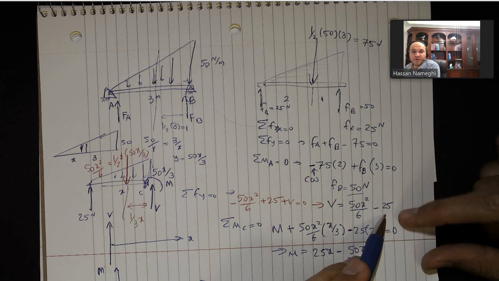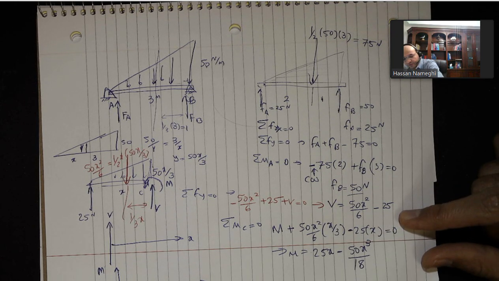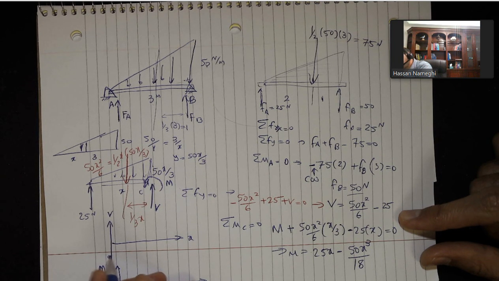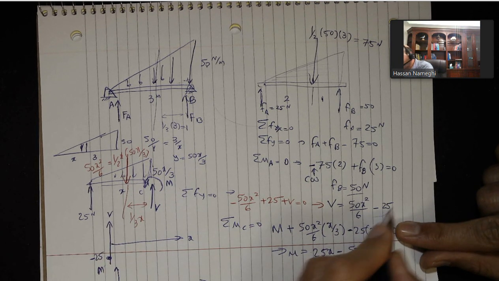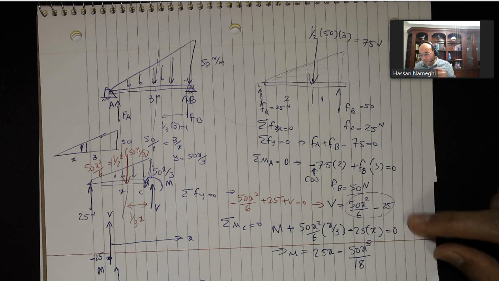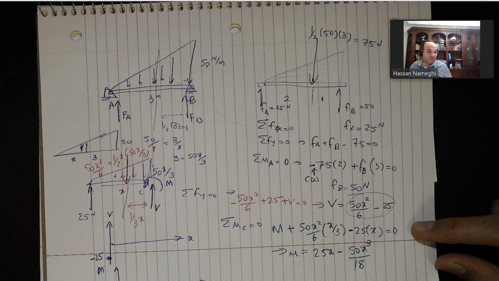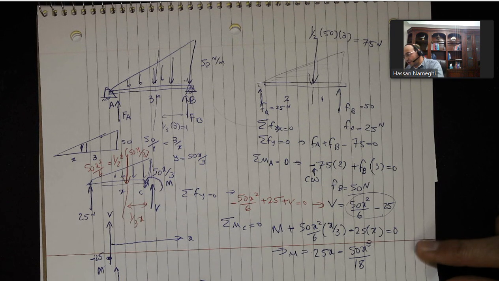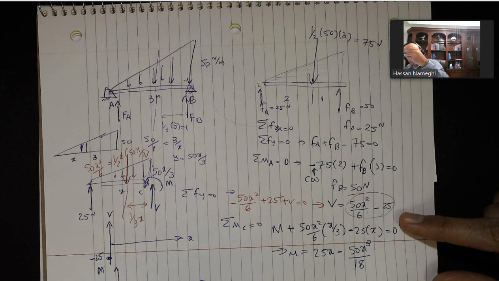If you put 0 in this equation, in the beginning you get minus 25. This is a quadratic equation. It's going to go somewhere up, then go down. I need to find where this thing goes to its maximum, though sometimes it doesn't reach a maximum and this function simply goes up.